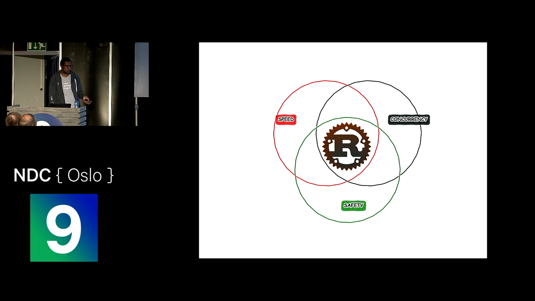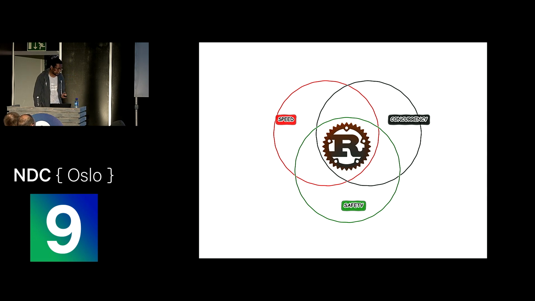Then the safety aspect, being memory safe and making sure we can't have these bugs that are very easy to make in C and C++. And the other big thing is that we should support a way to do concurrency and make it really easy for a programmer to do that. I think Rust sits at the intersection of these three main goals.